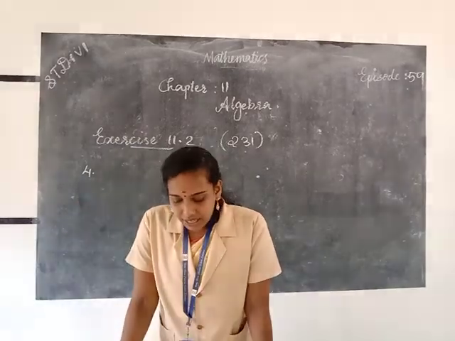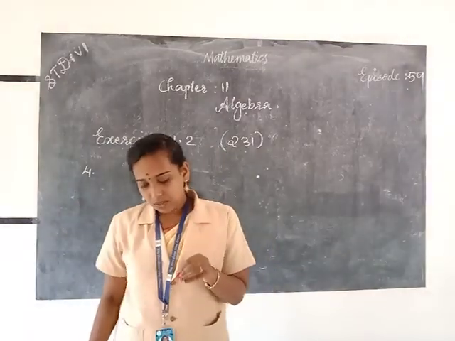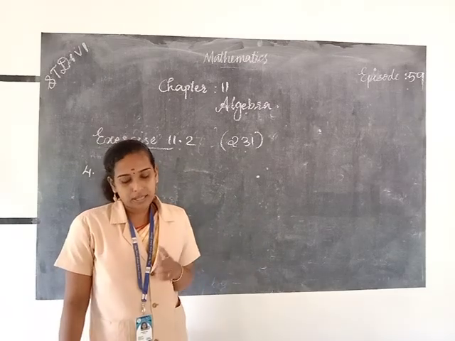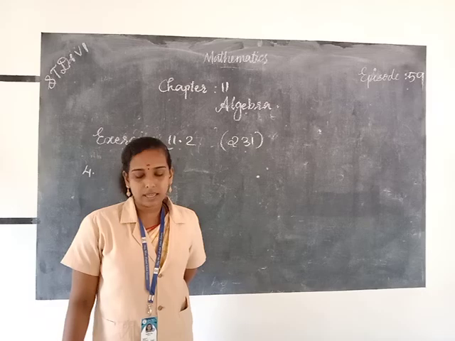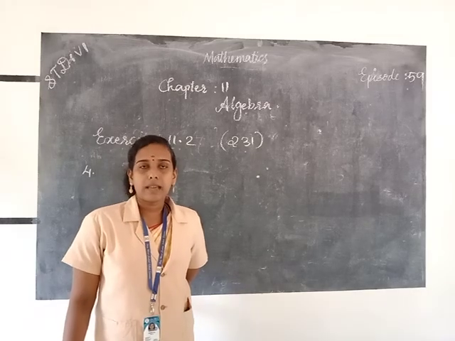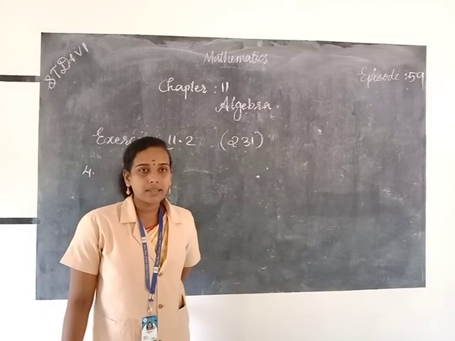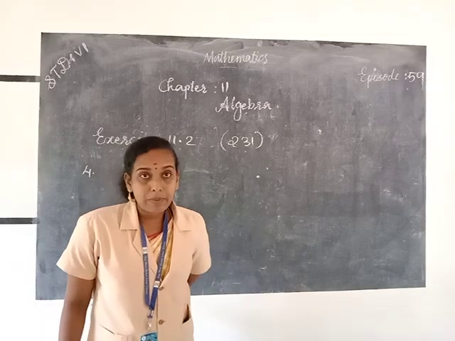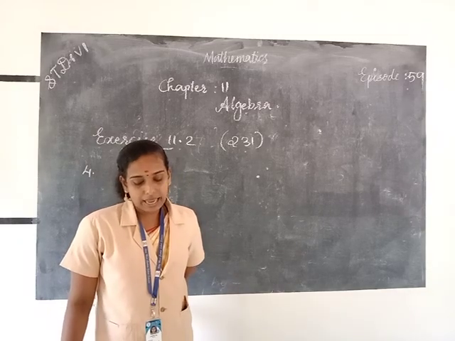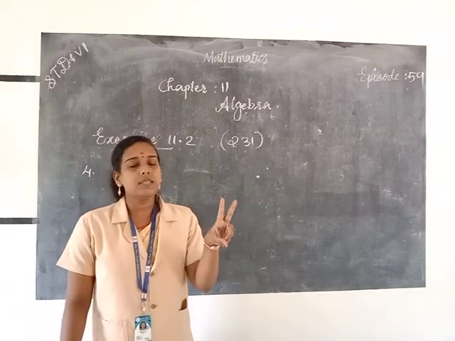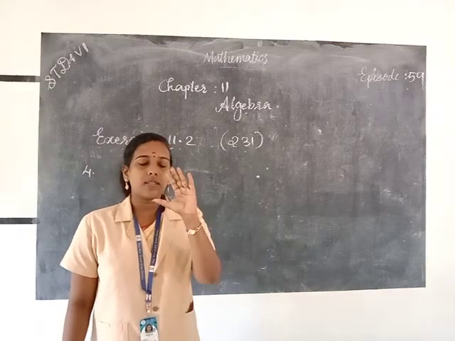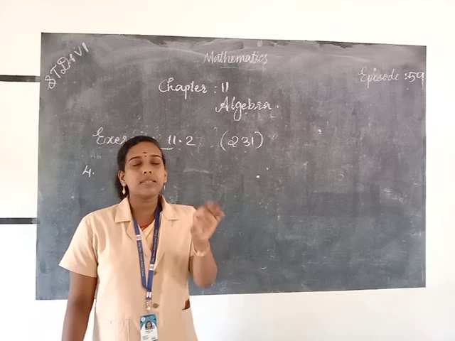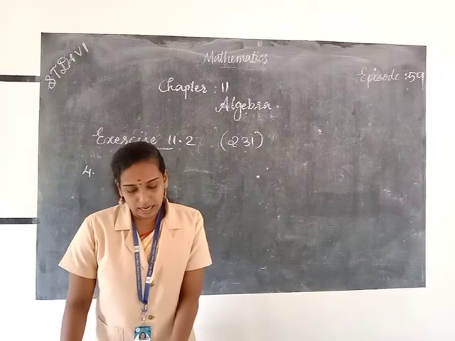The diameter of a circle is a line which joins two points on the circle and also passes through the center of the circle. So the diameter also passes through the center of the circle.